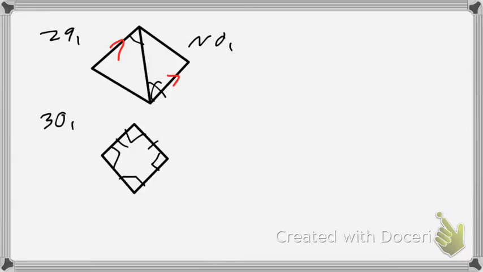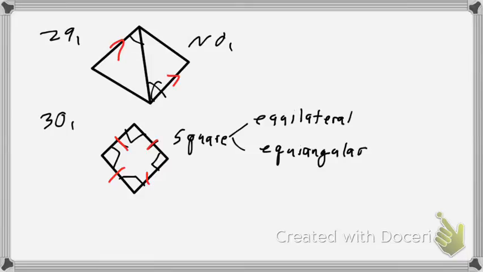We also know that two consecutive sides are the same. Well, if the consecutive sides are the same, then that means all 4 sides are the same, because in a parallelogram opposite sides are congruent. So if 2 sets of opposite sides are congruent, we have 4 congruent sides. So this gives us equilateral and equiangular, or a square.